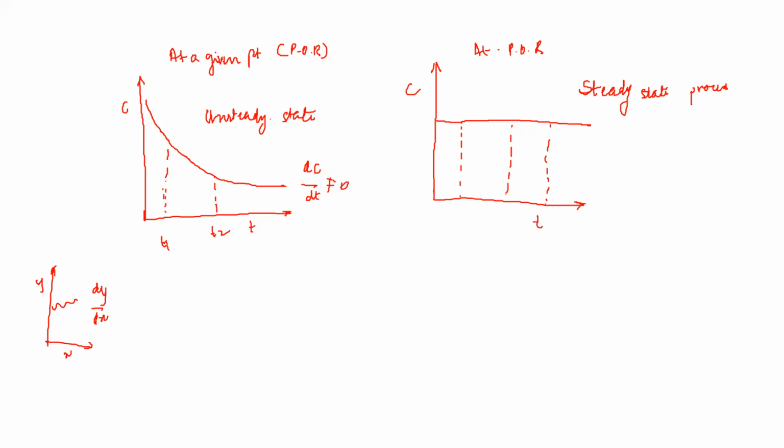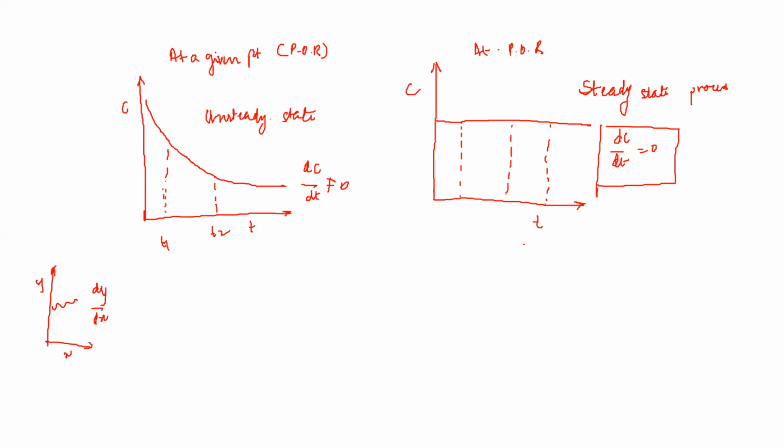It may be negative or positive depending on what unit operation is taking place. But at steady state, you can see it is horizontal. That means dc by dt is equal to 0. This is a very important result for a steady state process: dc by dt is always equal to 0.